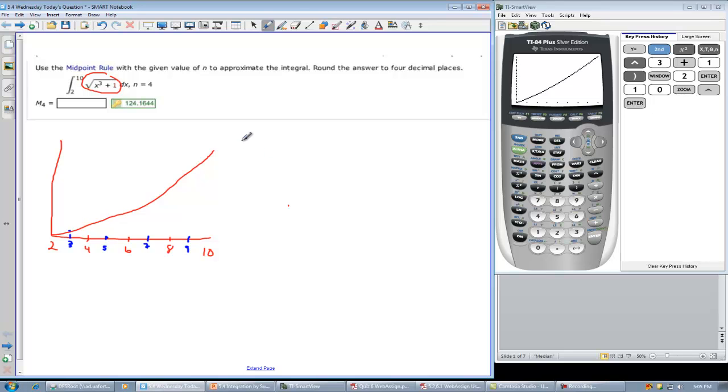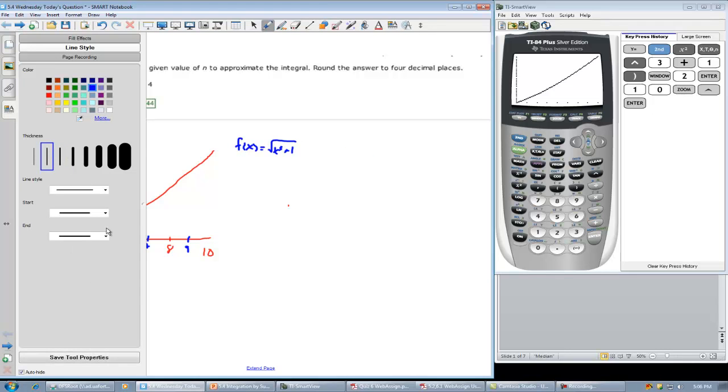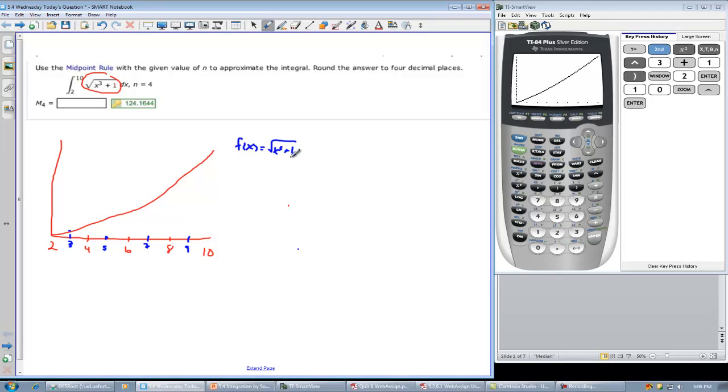So remember, this is the function f of x equal to the square root of x cubed plus 1, and it comes from right here. And so I just plug in 3 for x, and I get 3 cubed, which is 27 plus 1, so 28. Take the square root of that.